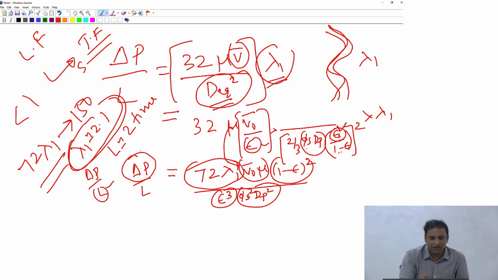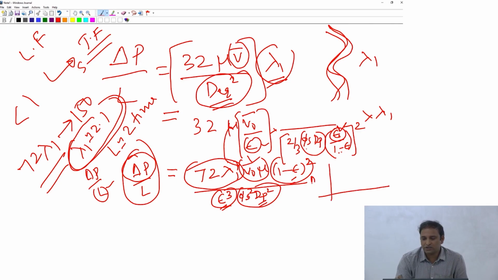If you have a way of measuring delta P and varying V naught bar, and you know epsilon and dP, then if you plot delta P by L as a function of V naught bar, you would get a straight line passing through the origin, and from this slope they back-calculated what this lambda 1 is. That's how it is done.